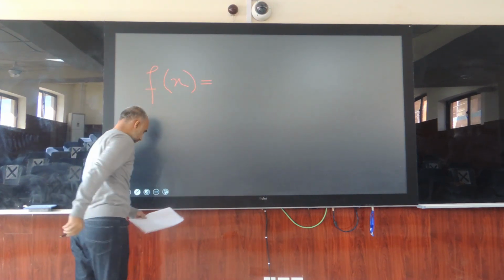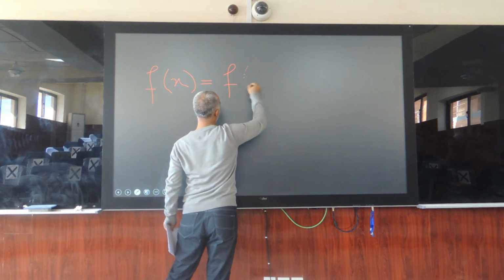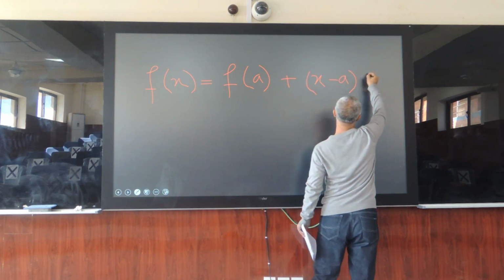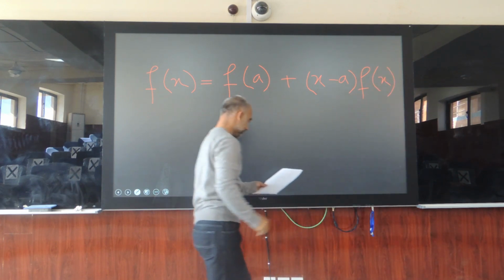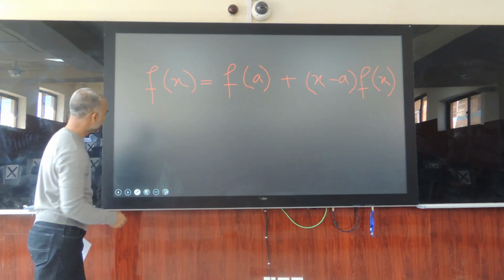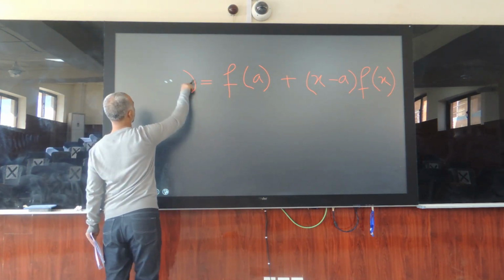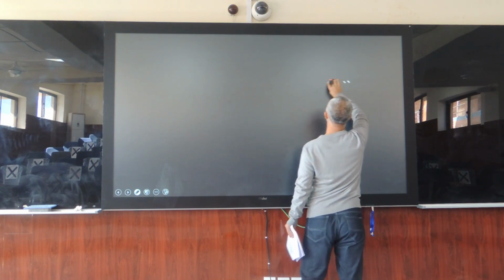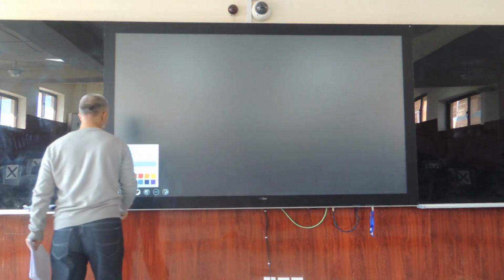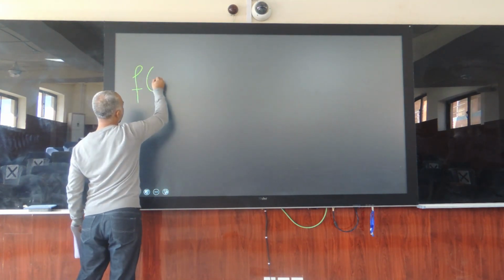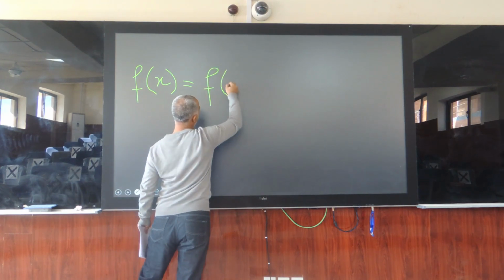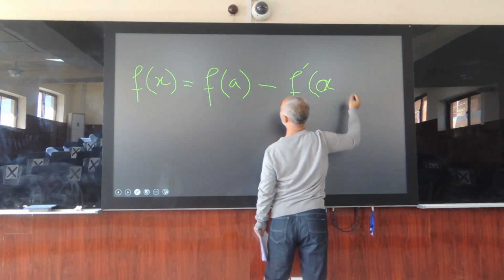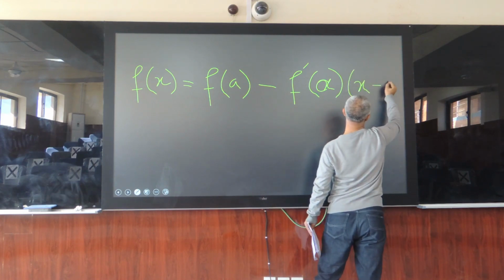So f of x is equivalent to f of a plus f prime of a times x minus a.